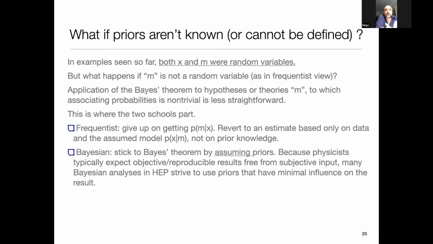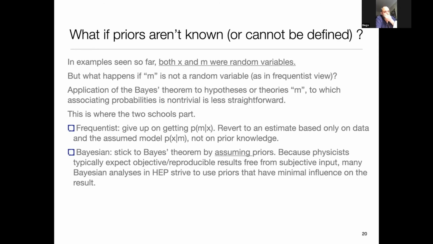Of course, in physical sciences, and especially in high energy physics, the Bayesians, even if they assume priors, try to set up their priors in a way in which they do not completely determine the inference, because Bayesian physicists still know that what we're interested in is what the data tell us, not what the prior tells us.